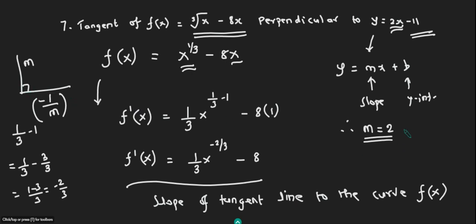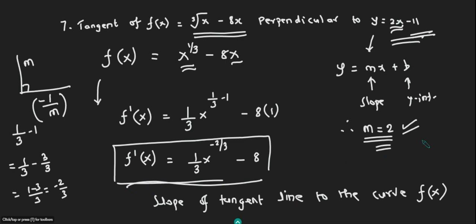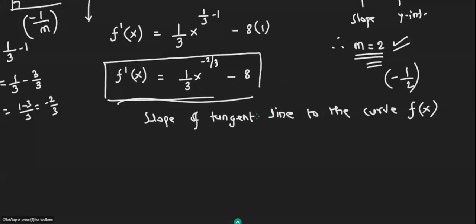So we already know the slope of the line y equals 2x minus 11 is 2. So therefore, the slope of the tangent line should be the negative reciprocal of 2, which is negative 1 by 2. That is, the slope of this tangent line equals negative 1 by 2. And we have already found the expression for the slope of the tangent line.